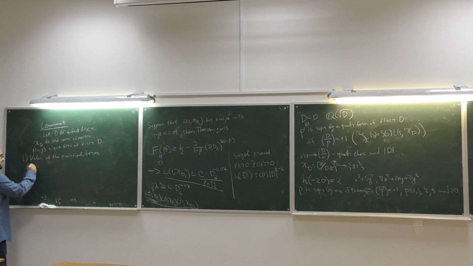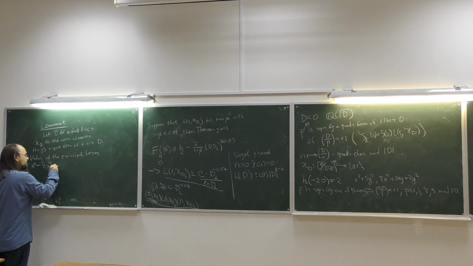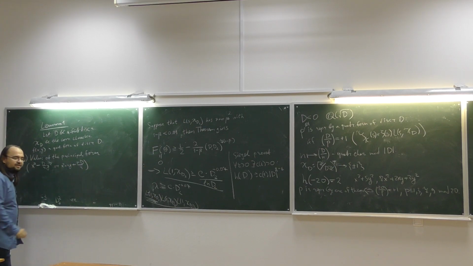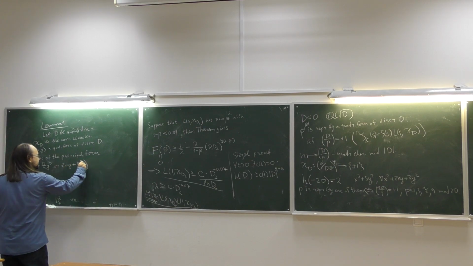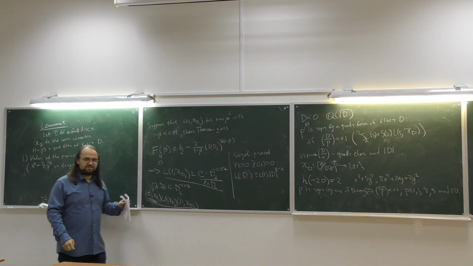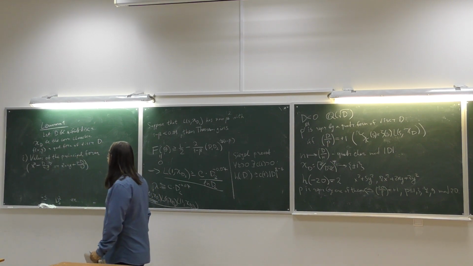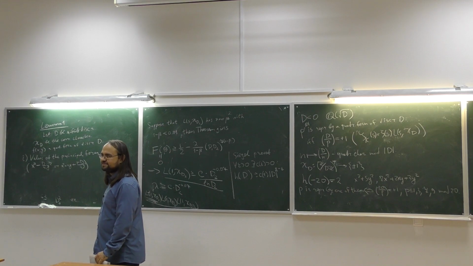The principal form is either x squared minus D over 4 y squared, or x squared plus xy plus (1 minus D) over 4 y squared. So one of these is a principal form. The other is not even an integral binary quadratic form.